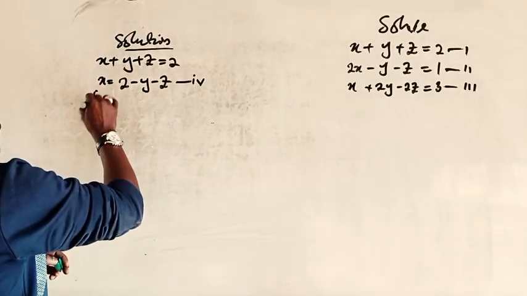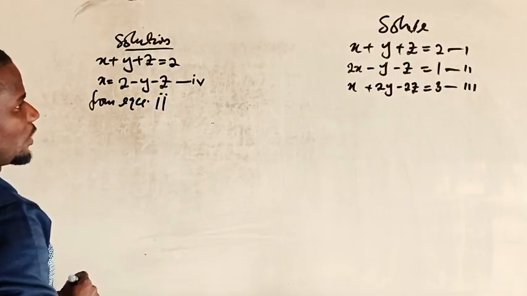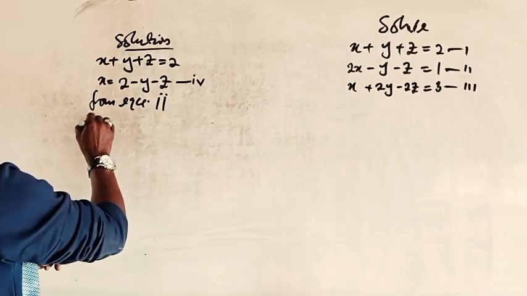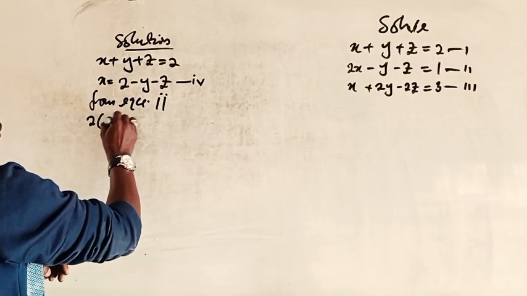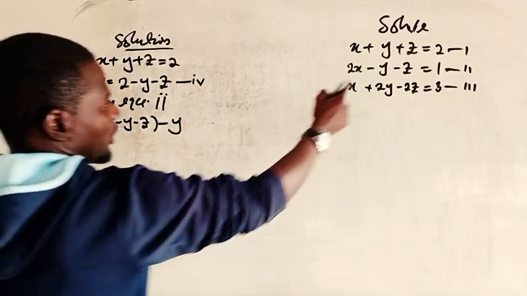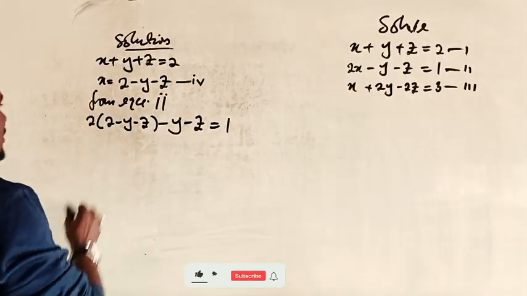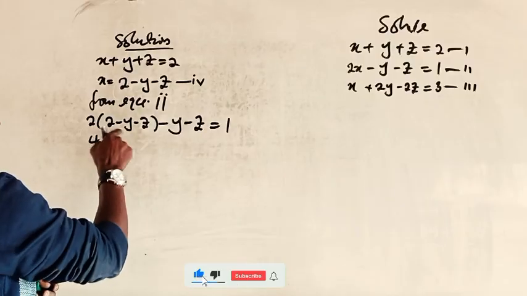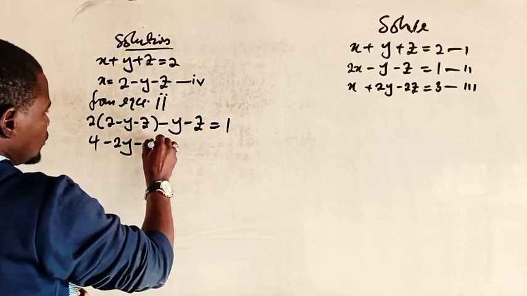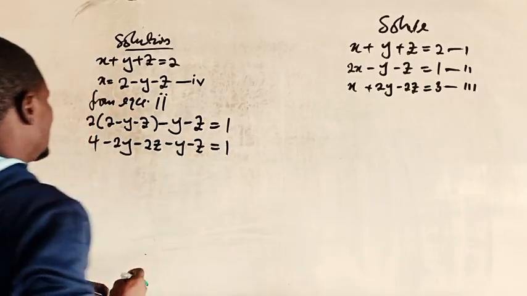So from equation 2, we have x. We remove x and put this. So we have 2 bracket 2 minus y minus z, then minus this y minus z again equals to 1. 2 times 2 is 4, 2 times minus y is minus 2y, 2 times minus z is minus 2z, minus y minus z equals to 1.